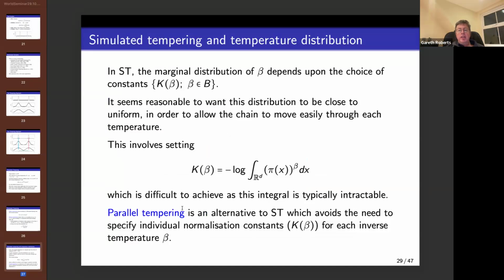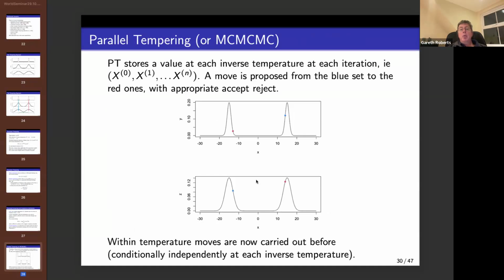So parallel tempering is an alternative way of doing this, which avoids the need for this kind of guesswork, and is essentially an algorithm which has an individual particle at each temperature at all time points. This is how it works. I start off in the blue setup, so this is my particle in the high temperature, and this is my particle here in the even higher temperature.